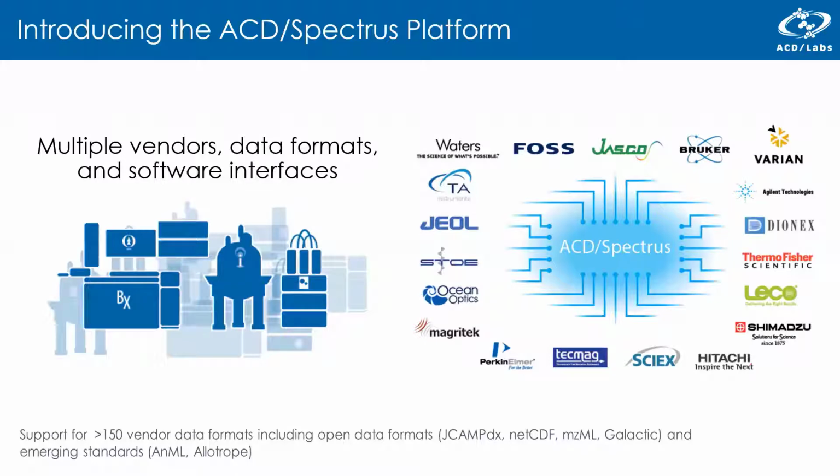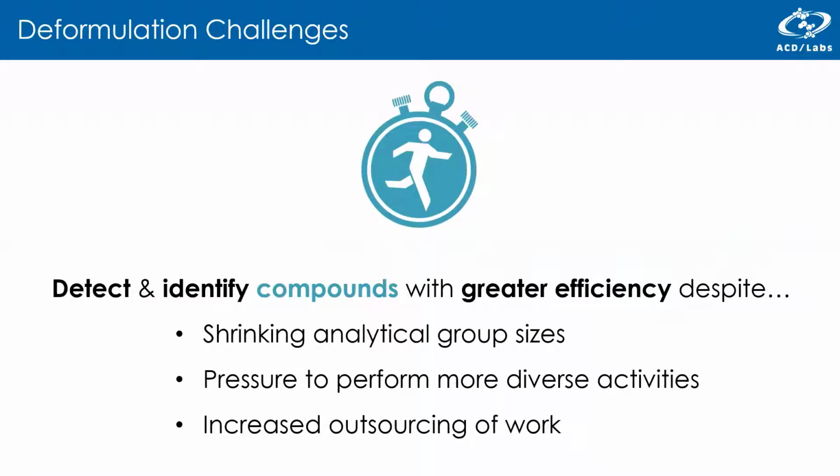So what are the challenges that you, as scientists, are facing? As scientists, you may be asked to detect and identify compounds more efficiently, despite the fact that there are many challenges that are common across the industry.